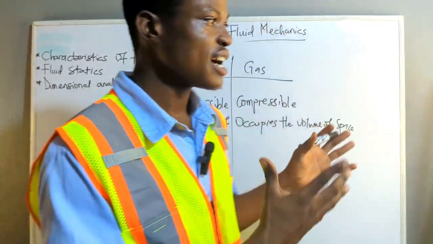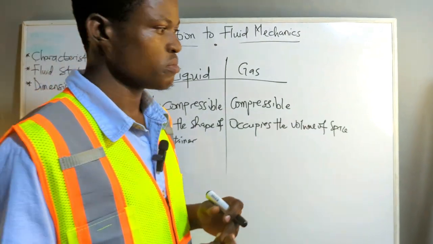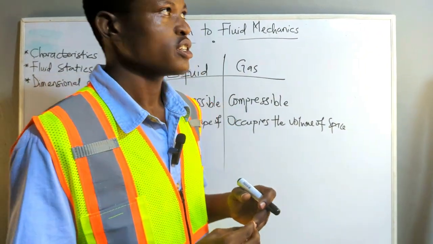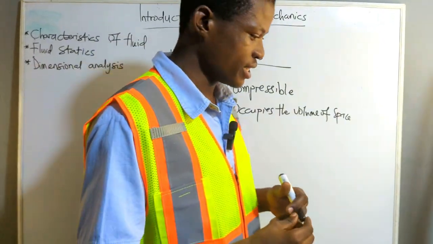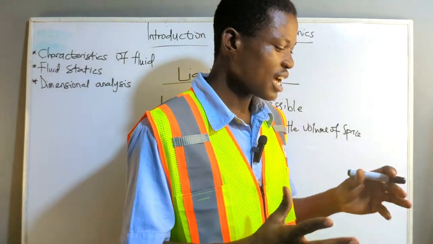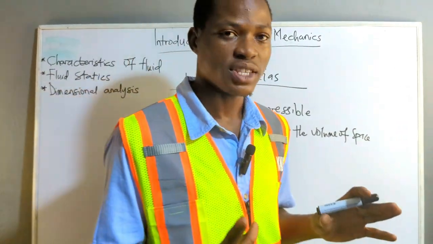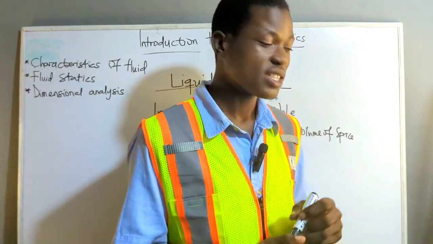For the gas, it does not have any fixed volume. But for the liquid, it has a fixed volume, which is the volume of the container. For the gas, it has no free surface. But for the liquid, it has free surface.